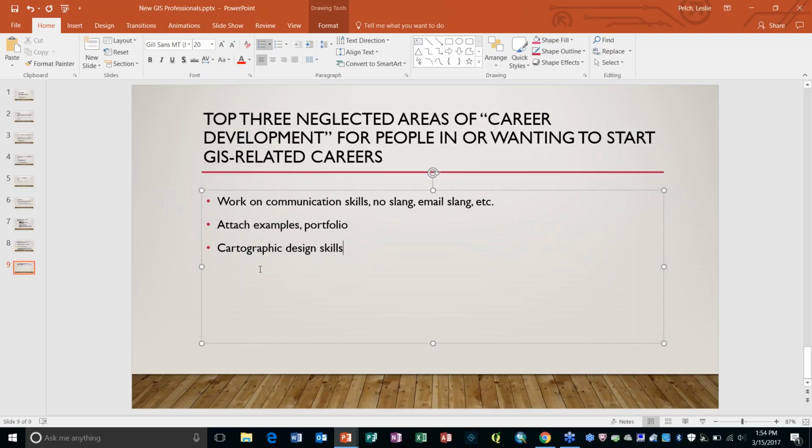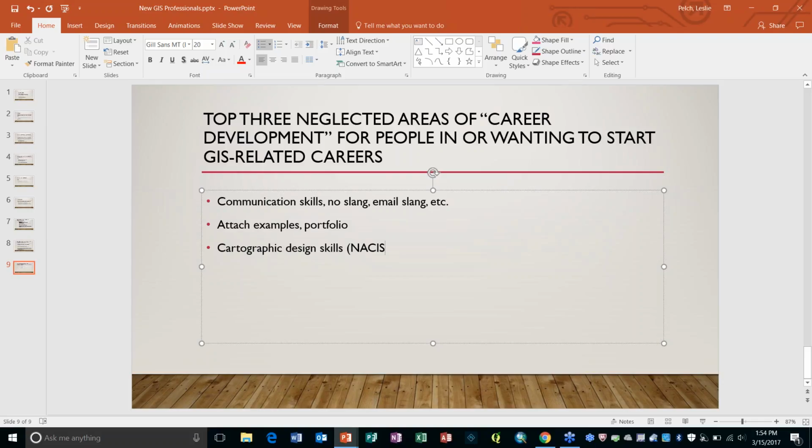So, for instance, NACIS, the North American Cartographic Information Society. That's just an example of something that I love. They have a conference every year.